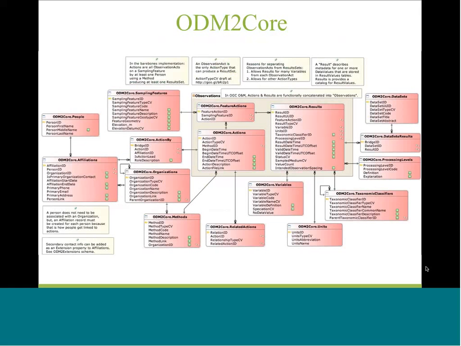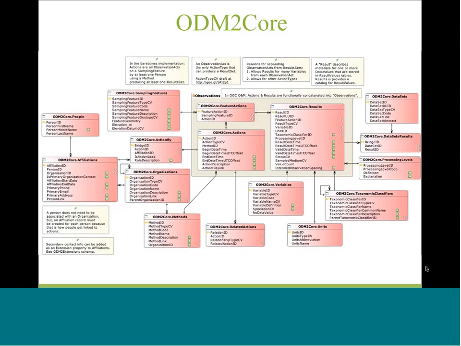I'm going to show a few of these entity relationship diagrams, and I'm going to add a few caveats before we get started here. First of all, ODM2 is very close to completion, but it's not final. There are a few things that we're revising, but a lot of it is quite solid.